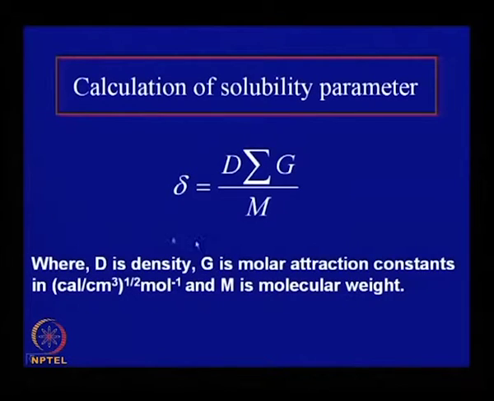Now, if you go for solution processing, then you have to go for selection of a suitable solvent. It is unknown to you, but being a polymer scientist, if you know the repeat unit formula of that polymer, then you can easily calculate the solubility parameter of that particular polymer from this equation, from this relation.